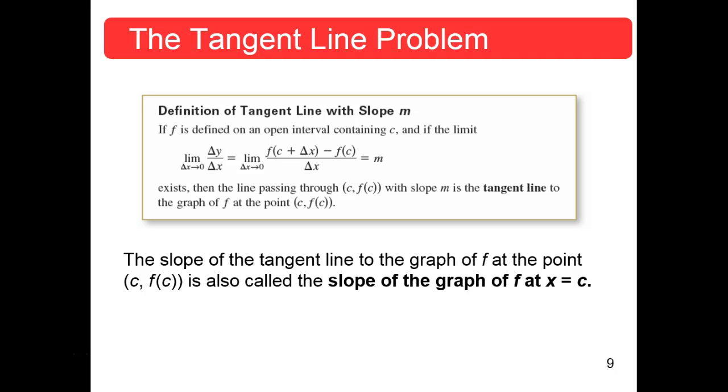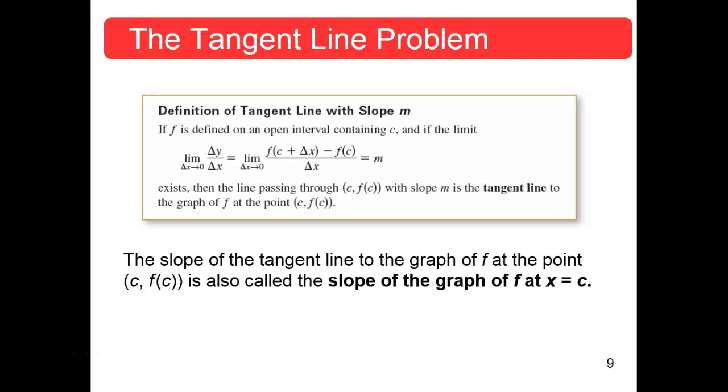If that limit exists, then the line passing through c, alpha of c with the slope of m is tangent to it. What does that mean? It touches the curve only at that point c. Only there. It doesn't touch it anywhere else.